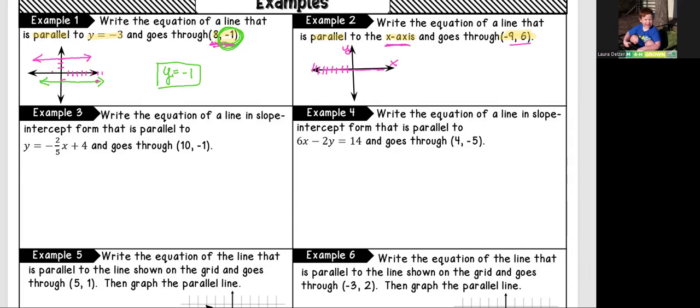And then we're going to go up here to 6. So this is my -9, 6. And so the only way for it to be parallel is like that. And so the only part of the coordinate point that's going to apply here is where it's crossing the y-axis. So my equation is going to be y equals 6.